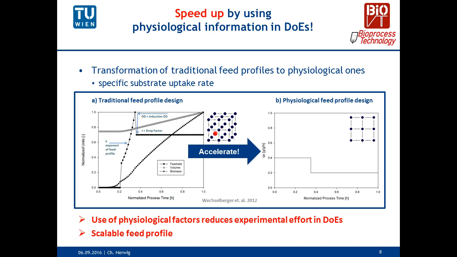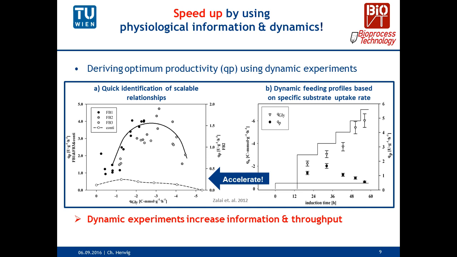When we apply our metabolic balance analyzer tool and calculate the specific substrate uptake rate, we can reduce one dimension and get actually to 11 experiments. And of course, I think it is clear that this has reduced experimental effort. Also, this is an approach which is a scalable feed design, because this entity, the specific growth rate, the specific uptake rate of substrate, is a scalable entity.